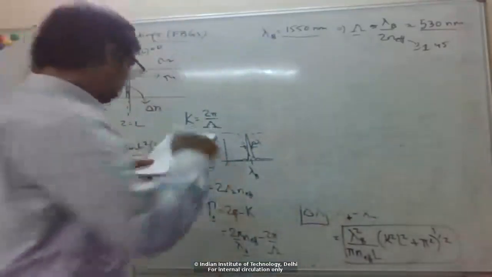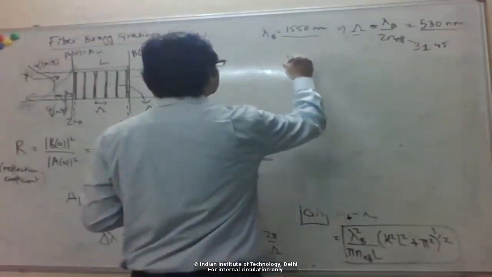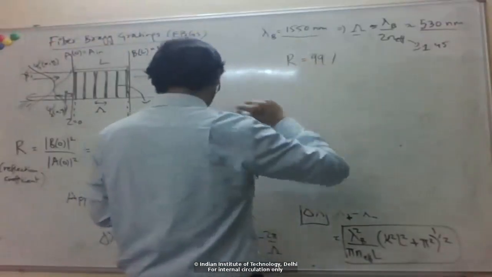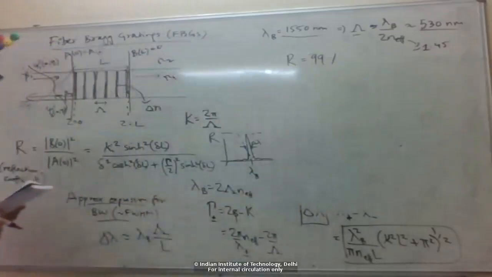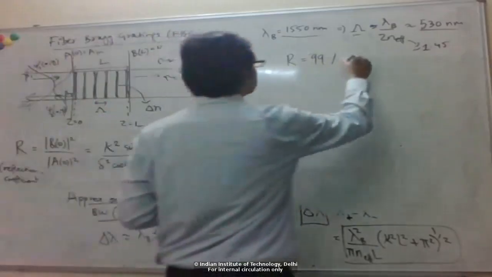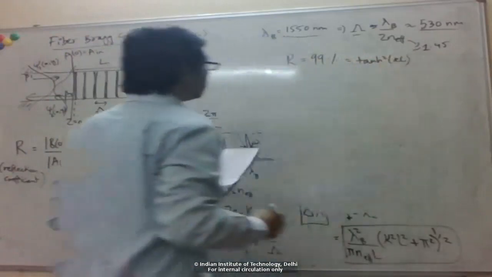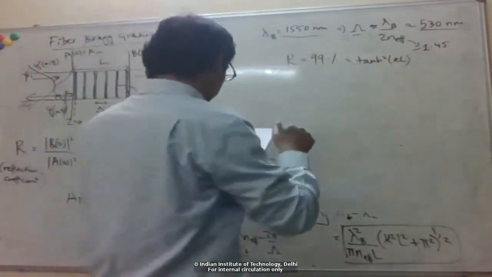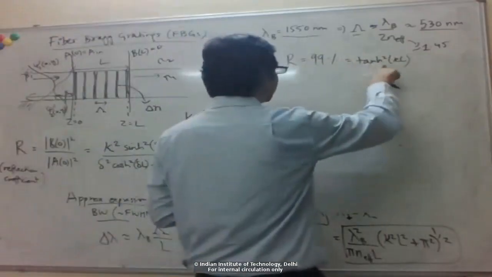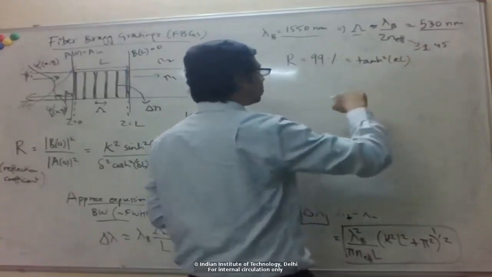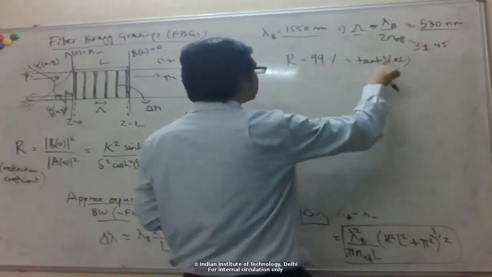Let's say I want this to be 99%, right? So again, this is equal to tanh squared of kappa L, right? We can write tanh as e to the x minus e to the minus x divided by e to the x plus e to the minus x.